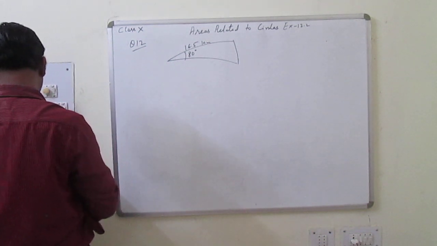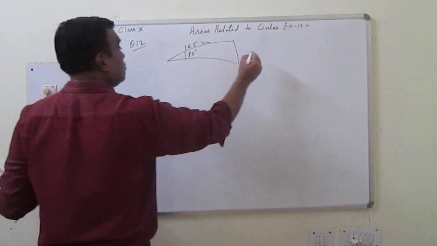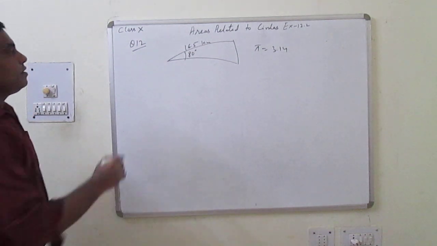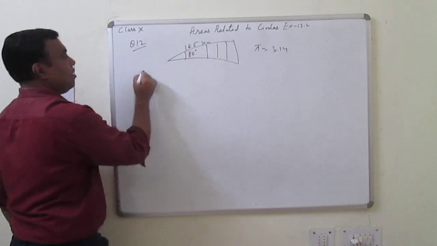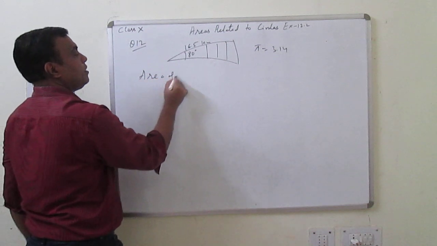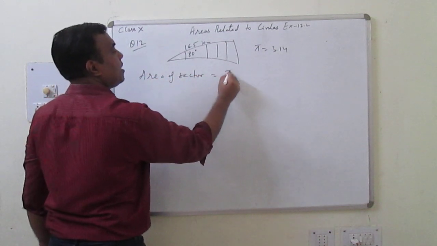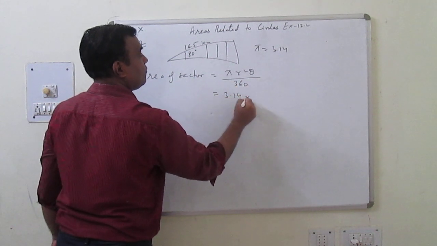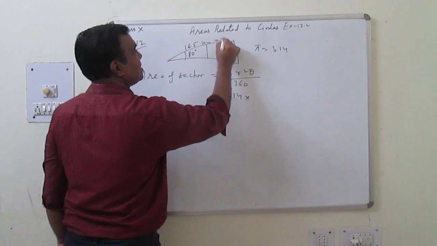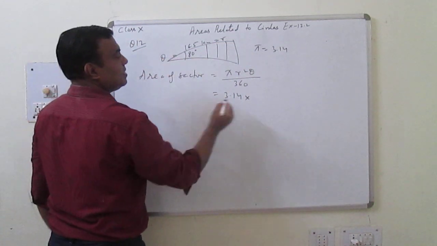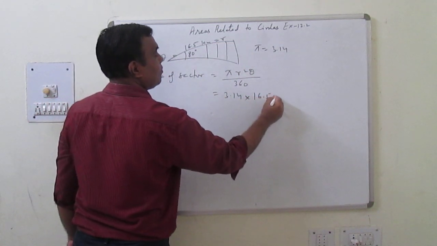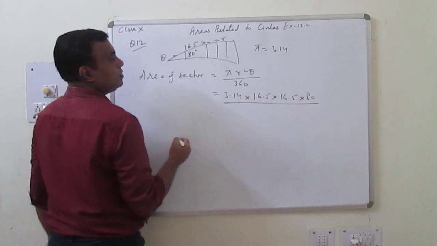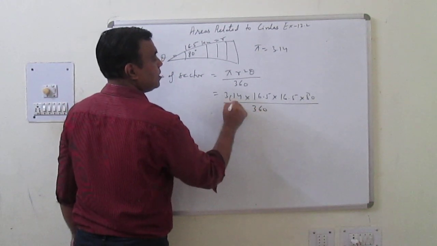Use pi is equal to 3.14. So this much area is covered, means area of sector. Area of sector is equal to pi r square theta upon 360. Use pi 3.14. R is 16.5 kilometer and theta is 80 upon 360.